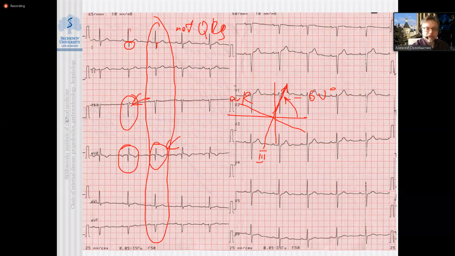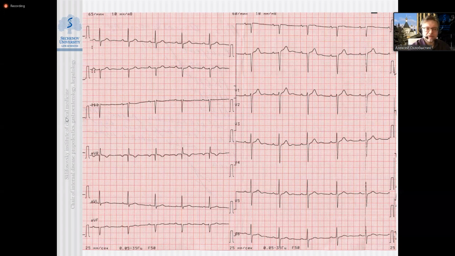The second rule that you may apply in this case is the rule of quadrants. Again, if you wish, you may remember your classes in geometry, remembering that you have two axes, almost the same as in geometry, x and y, first and AVF, and just the y-axis will be directed down.